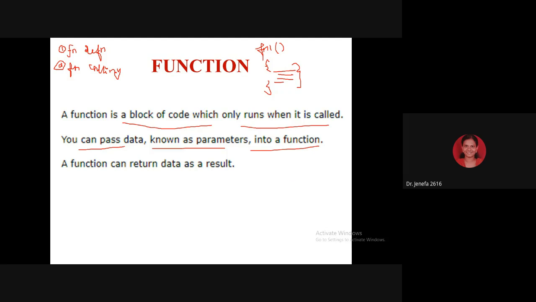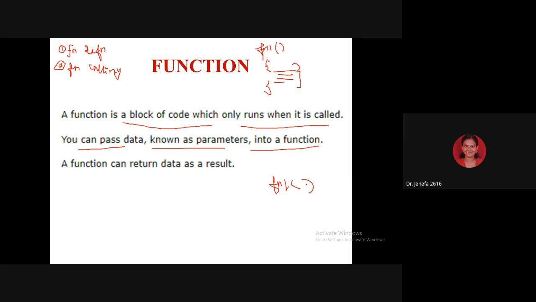Already I told you there are two ways we can use a function. One is function definition and another is function calling. So this we call function definition. Then what is function calling? So how do we call a function? This is the syntax to call a function if the function name is function one.